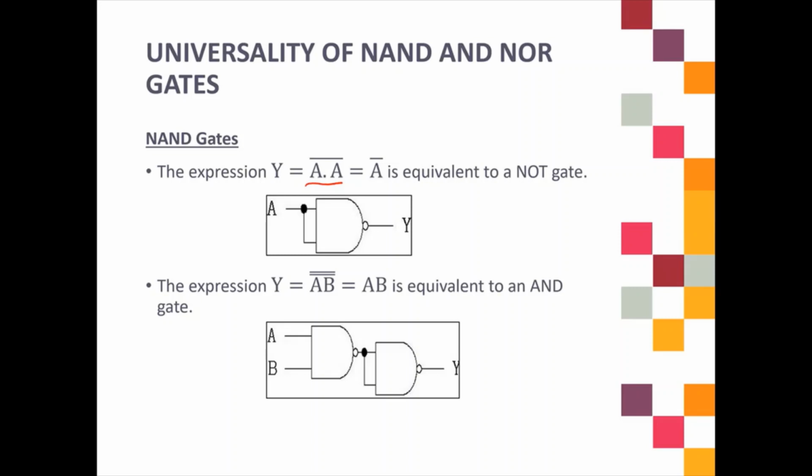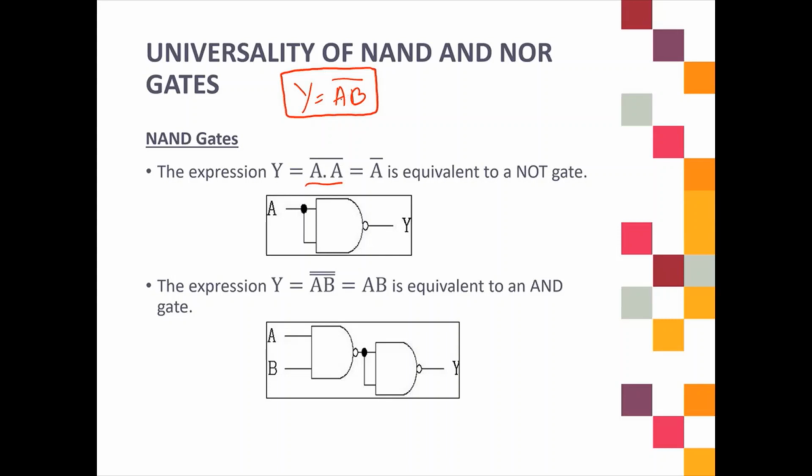You must remember, what is the format of the equation for NAND? We assume we have two variables, for example, y equals a b bar. So this is your NAND equation. Based on this equation, NAND must have at least two variables.